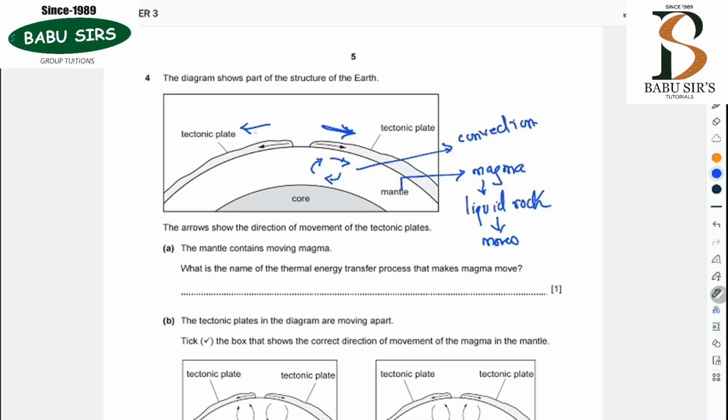And here also, because the rock is moving that way, the movement of the magma will be in this way. Now here you can see movement to the right and left, and that is why the two plates are moving. One is moving right and one is moving left. What is the name of the thermal energy transfer process? So the name of the thermal energy transfer is convection.